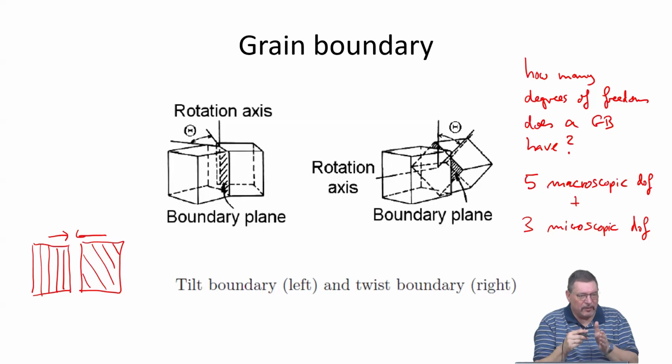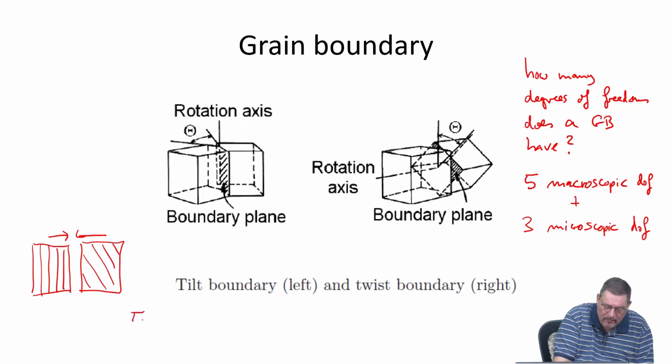So all of this information on how the misorientation between the two grains is and how the boundary plane is inserted in this configuration of misoriented grains coming together gives you these 5 degrees of freedom.